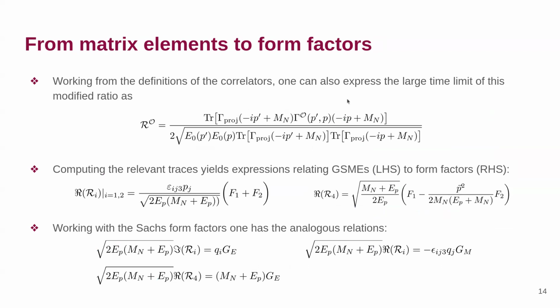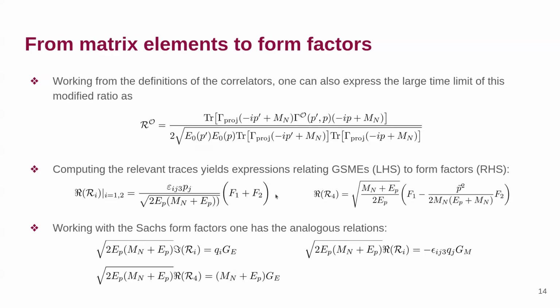I'm trying not to go into too many details here, but if you plug that in and evaluate these traces, you actually end up with relations between these large time limits of the ratio, so these ground state matrix elements, and your form factors.